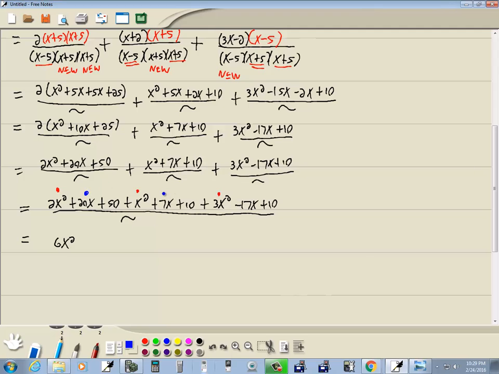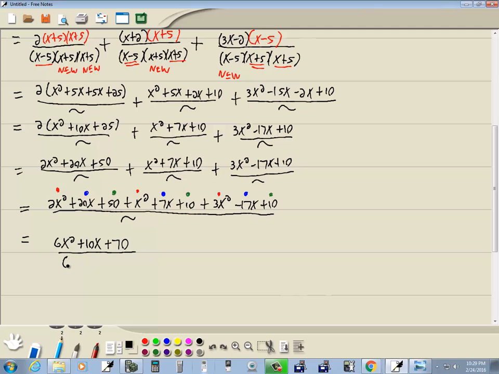Here's an x, and here's an x. 20x plus 7x is 27x, minus 17x is 10x. Here's a number, and here's a number. 50 plus 10 is 70.